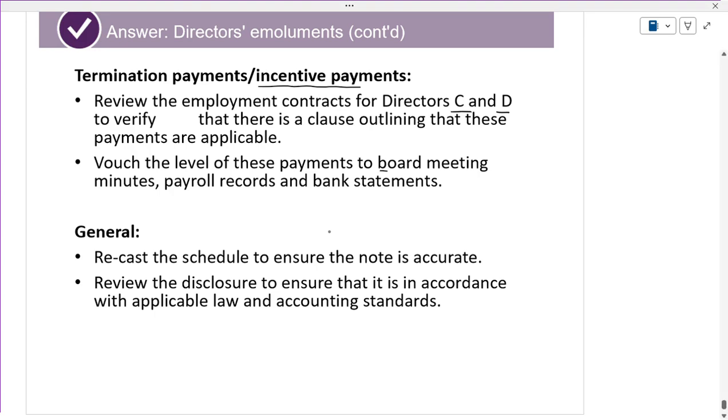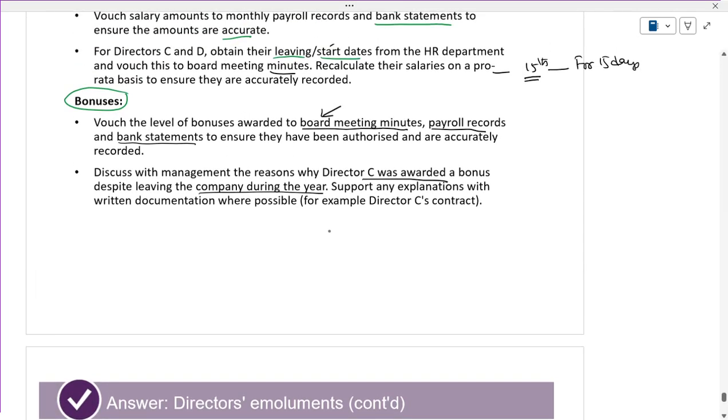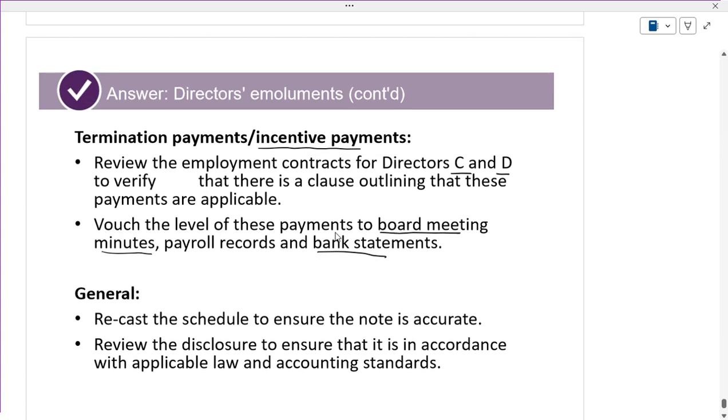Directors' decisions are taken at the board, so go to the board meeting, payroll records and bank statements. Previously we talked about bonus; here we are talking about termination benefits.